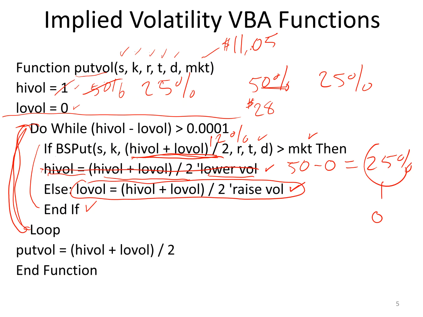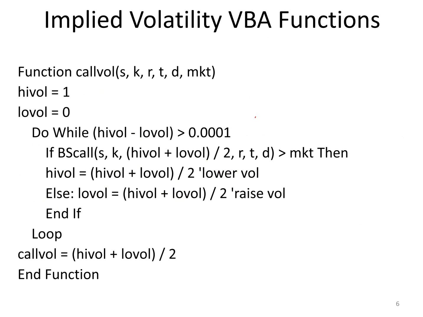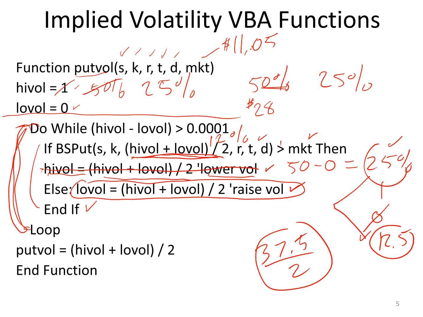It's going to raise low vol from 0 to now the average of high and low, 12.5. So now high vol is 25, low vol is 12.5. The average of high and low, that would be, what was that, 37.5 divided by 2. It's then going to use that. So this is the method that this program works. Anytime the model price is greater than the market, it's going to lower high vol.